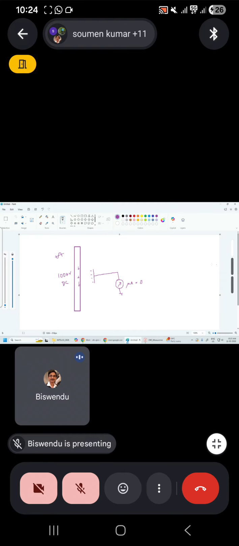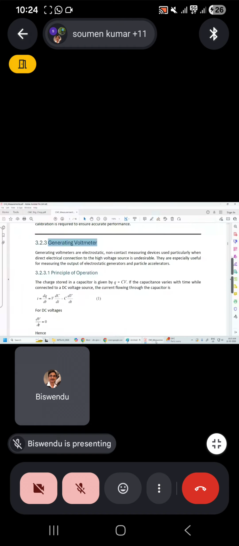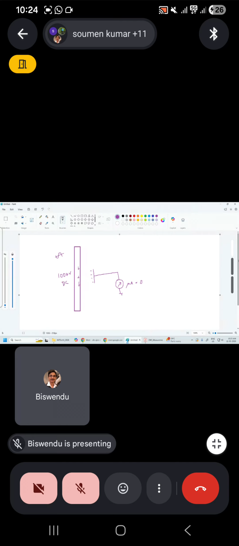How? If you see here, the current through the capacitor is essentially i equals dq/dt, where q equals cv.